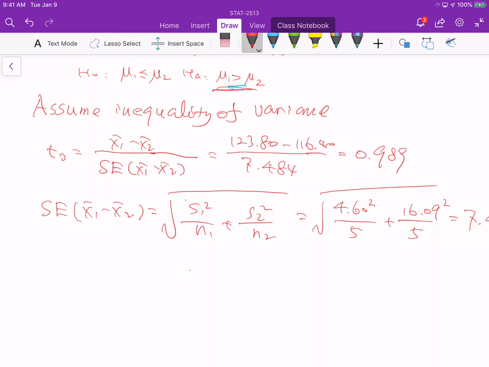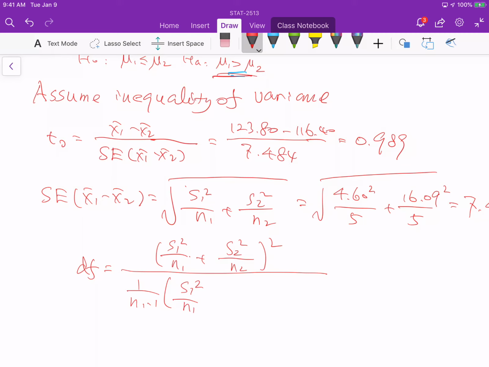Next we want to get the degrees of freedom. The formula here for degrees of freedom is really complicated. It is s1 squared over n1 plus s2 squared over n2, all squared, and then 1 over n1 minus 1 times s1 squared over n1 squared, plus 1 over n2 minus 1 times s2 squared over n2 squared.